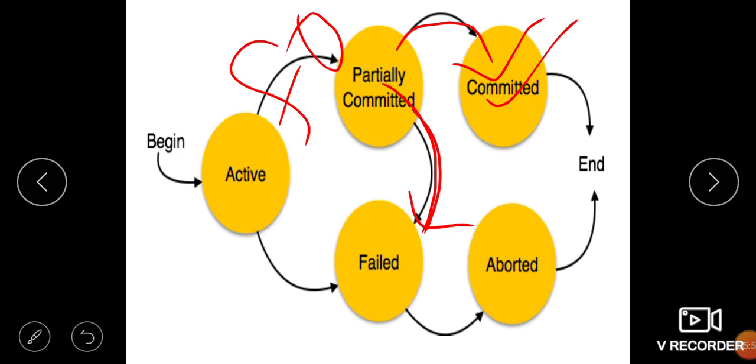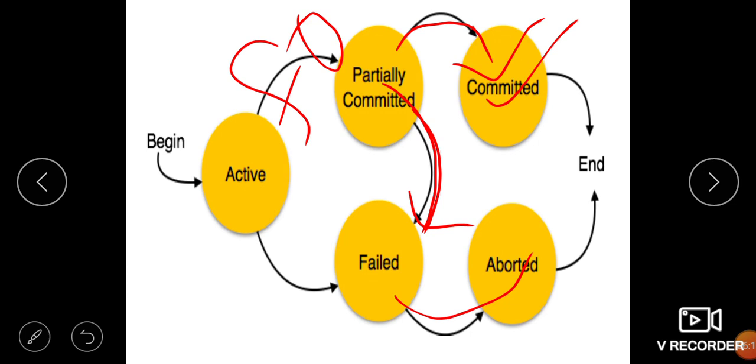And then it goes to aborted. In the aborted state, if a failed transaction has reached its final state, then the recovery manager rolls back all the write operations. The idea behind this is that in the abort state, we either restart the transaction or kill the transaction.